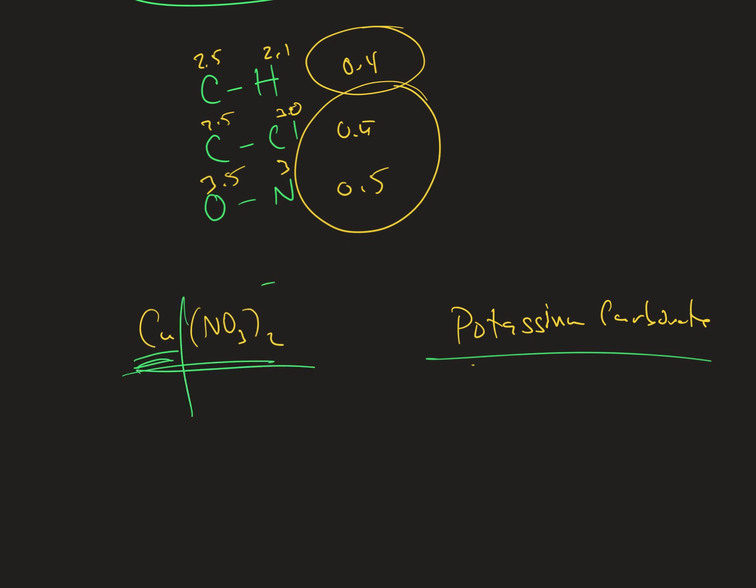We did this a couple times already today. So this is 2 plus. So what's the name of this compound? Copper 2. Copper 2 what? Nitrate. This is nitrate.